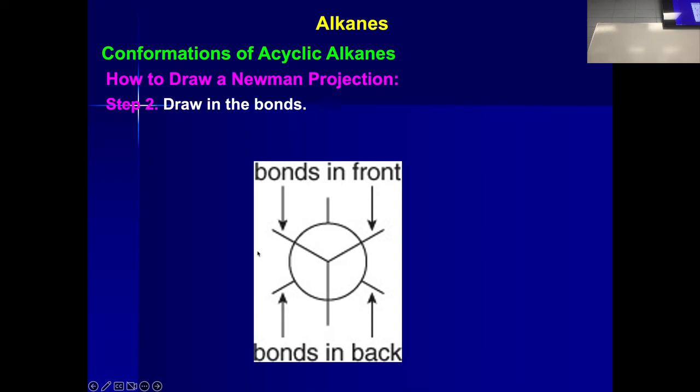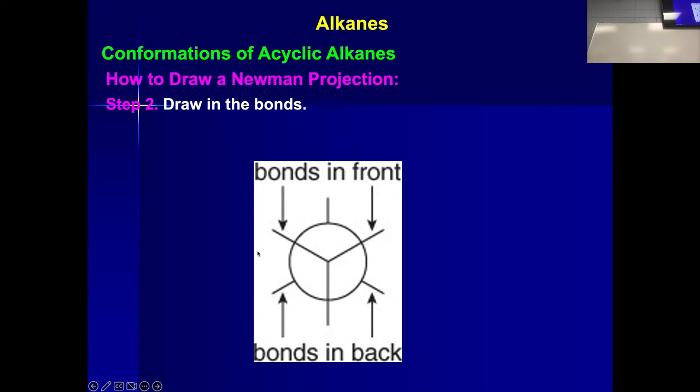If you build your model and you do the projection on the sidewalk, you'll see something that kind of looks like that. You won't see a big circle, right? But you'll see this as a kind of straight line, and you'll see this coming off, that coming down, and these little things going off to the side. This is a Newman projection. What carbon is this? The front one. What one is this? The back one.